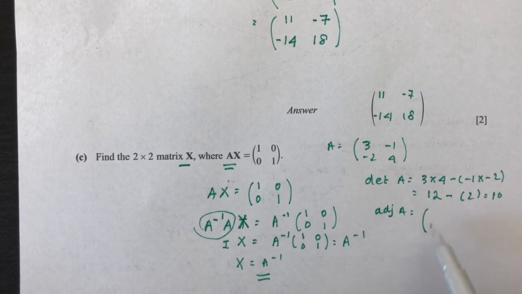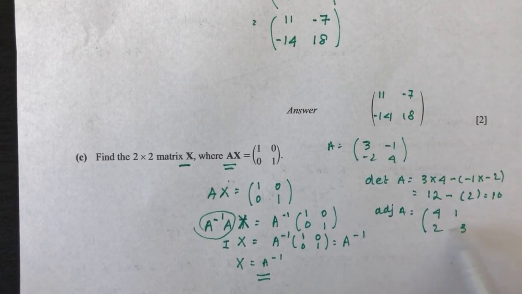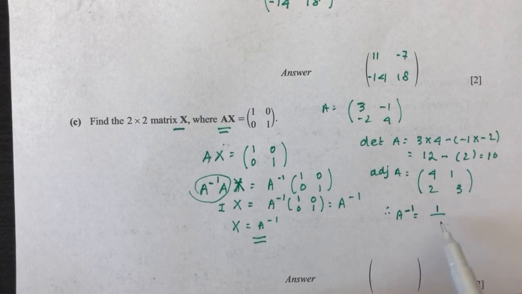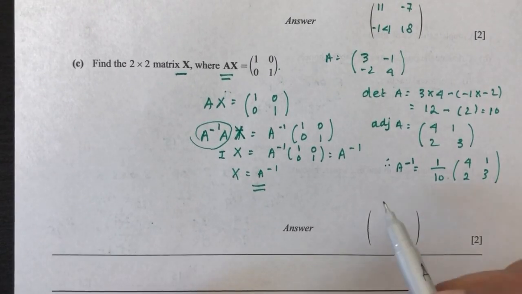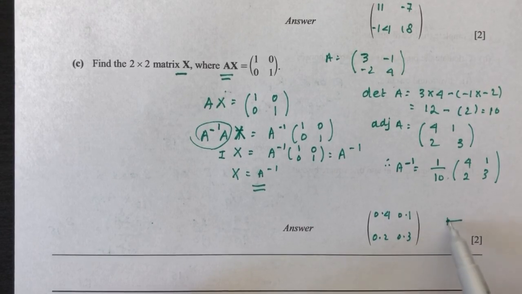We flip those two, 4 goes up, 3 comes down, change the sign of those two, it'll be 4, 2, 1, 3. So A inverse will be 1 over 10 times 4, 2, 1, 3. So your answer here could be 0.4, 0.2, 0.1, and 0.3. This is the value of the matrix X.